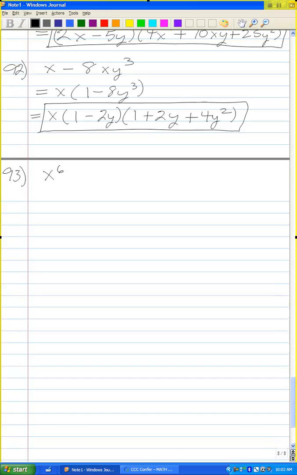x to the 6 minus y to the 6. So I can factor this doing, well, two different ways. For my first try, let me note that this is the difference of cubes. And so the cube root would be x squared.